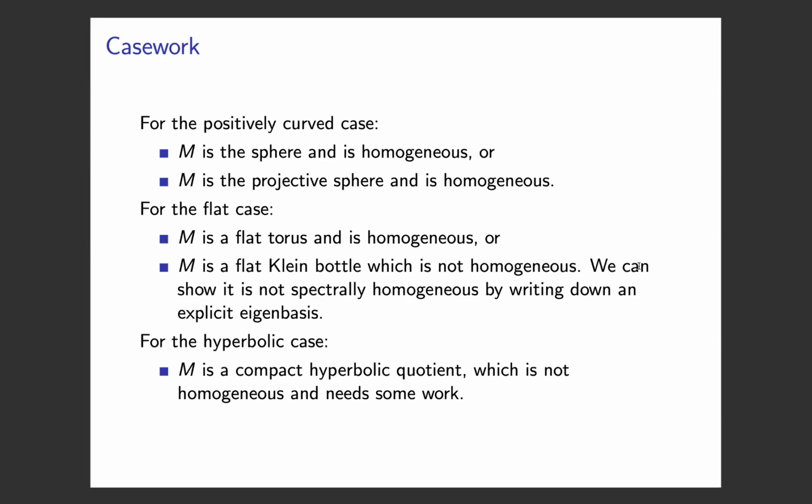And the way that you do this is that you just explicitly write down an eigenbasis, and you take a look at what it's doing. So it's just by direct computation that you eliminate the Klein bottle. And then you have hyperbolic quotients. They can be oriented, they can be non-orientable quotients. Both cases need to be excluded because neither of those are going to be homogeneous.